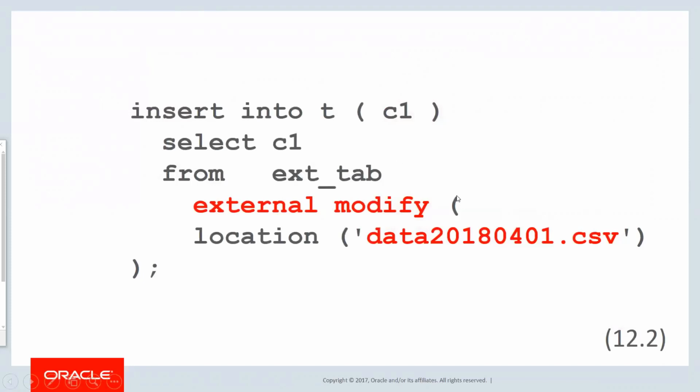So now it doesn't matter what I've specified. I could have said that this external table points at sales.csv. By passing an external modify, it now points at this particular file here, the one dated the 1st of April. Next day, we want to load in the next day's file, we get the 2nd, and so on.